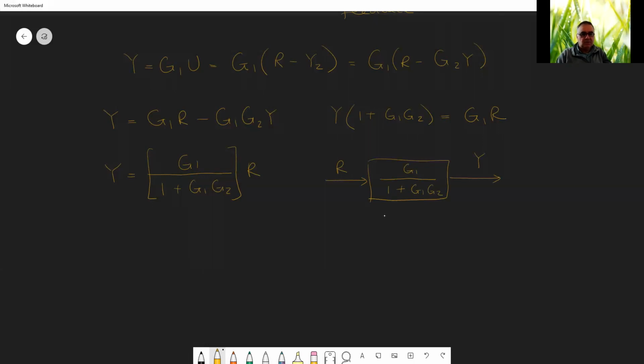Okay, that is the transfer function of the reduced system, or the transfer function of the so-called closed loop system, or the transfer function of the feedback system. As you will see, this 1 plus G1 G2 will be an important thing when we study feedback systems.